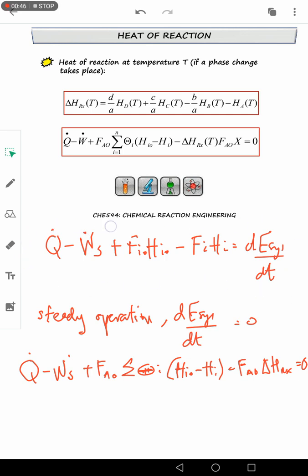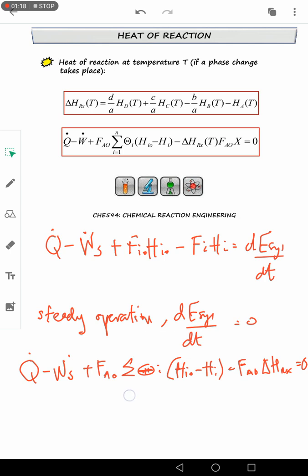Saya kalau boleh nak awak tengok buku Fogler, okay, berkenaan macam mana dapat this theory of energy balance. And at steady operation, the accumulation of energy into the system over the time is equal to 0. Kemudian energy balance ni bila kita masukkan dalam bentuk enthalpy.